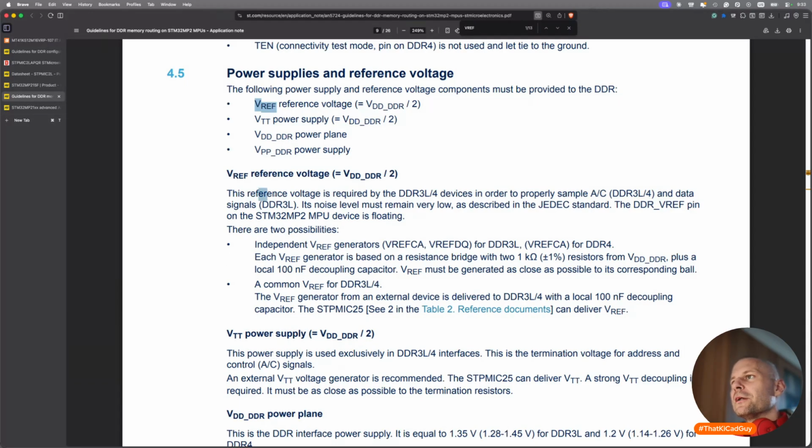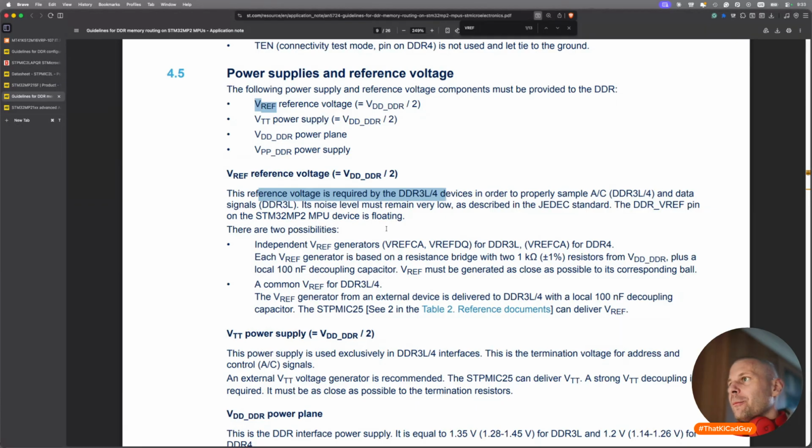Yeah, I understand the meaning of the reference voltage. It's like the middle voltage. Yeah, the DDR signals are going from 0 to the VDD voltage, and the level in the middle is the reference voltage, because it's too fast and they are going like in different pairs. So you have to know where is the 0, let's say.